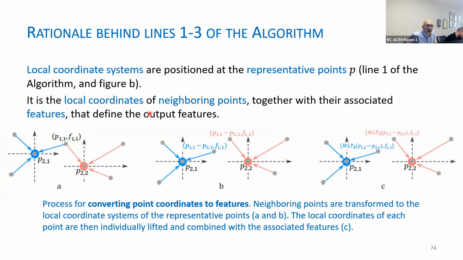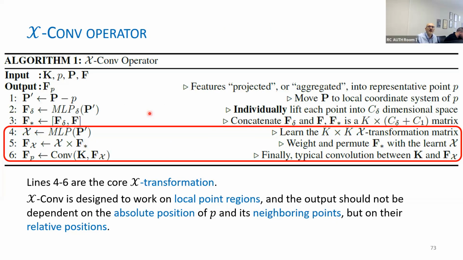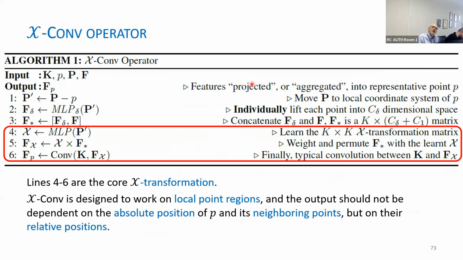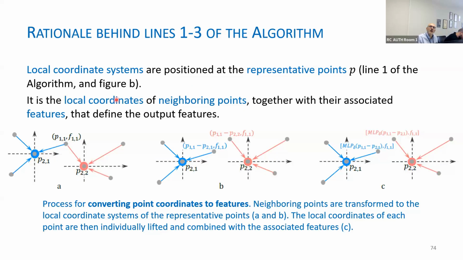Here we have some more details, but if you catch the idea, everything is contained here. In the subsequent slide, we have some additional details about lines 1, 2, 3, but the core of the algorithm is there. In particular, the idea of referring the coordinates of the points to the representative points.